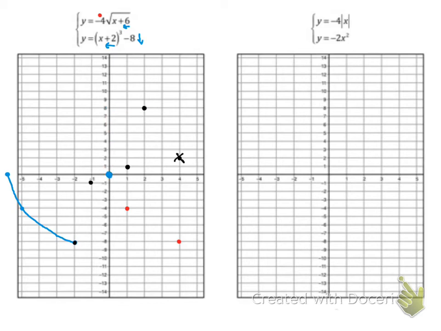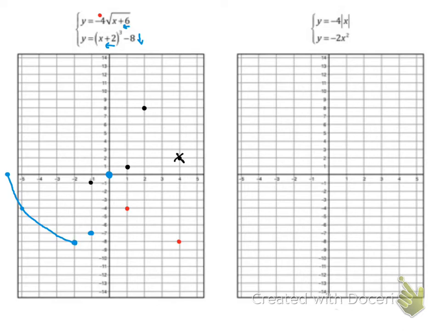So here's our new point. And then the vertex, left 2, down 8.